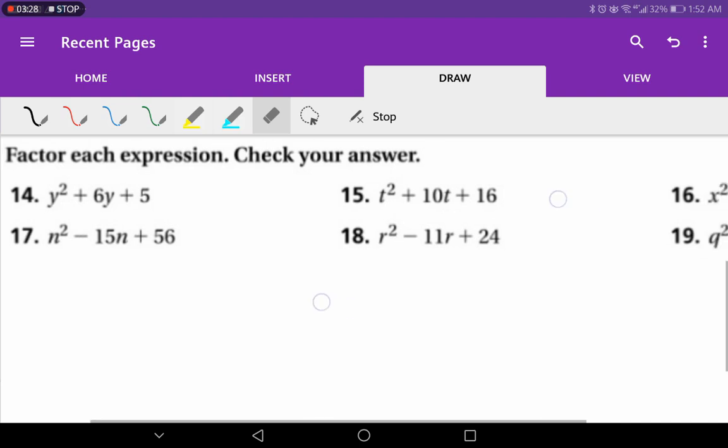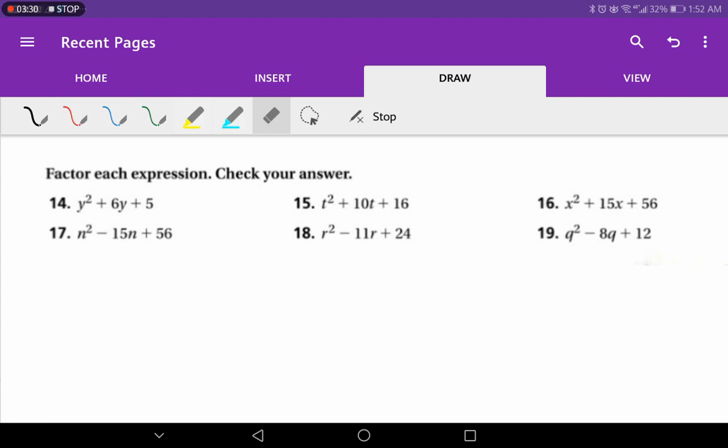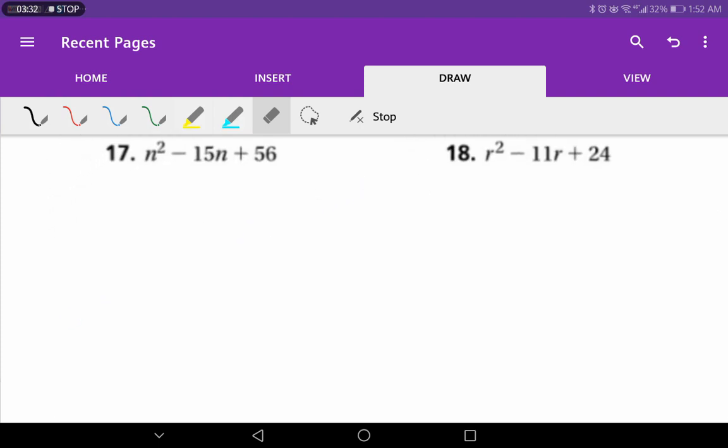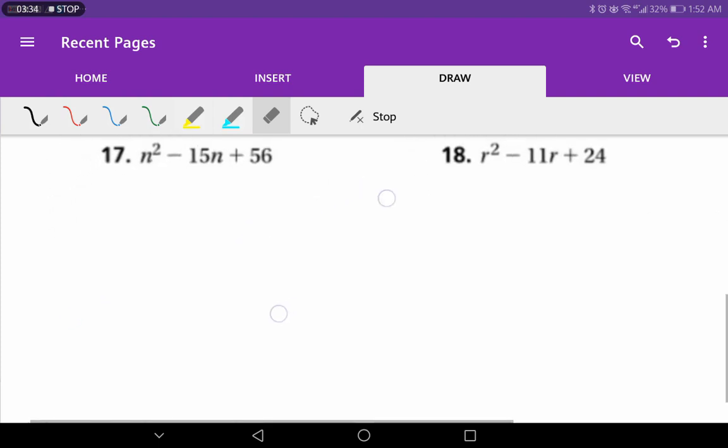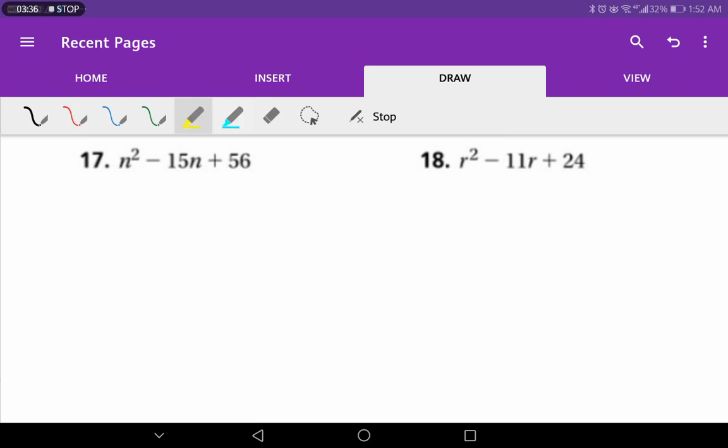Let us move to the next number. This one, 17. Okay, it is a big number, teacher. Don't worry, it is positive 56. Let me write it first. Positive 56. You have to do it like this, my dear student. It's coming from 1 multiply 56.